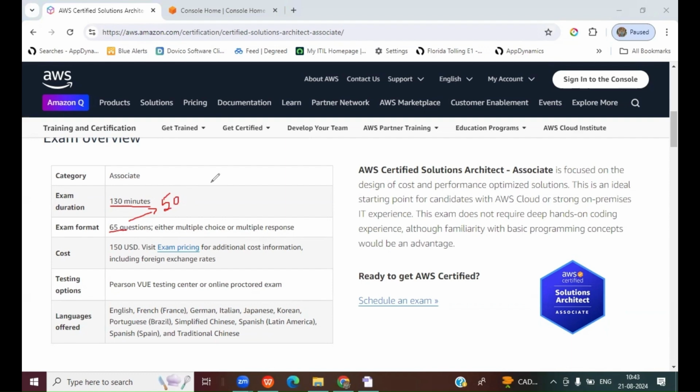The remaining 15 questions are typically for survey purposes, but the number of answers that will count for your certification score is only the 50 responses. The cost of the certification is $150 US, and you can either register for the exam at the Prometric or Pearson VUE testing center, or you can also take the exam online as a proctored exam.